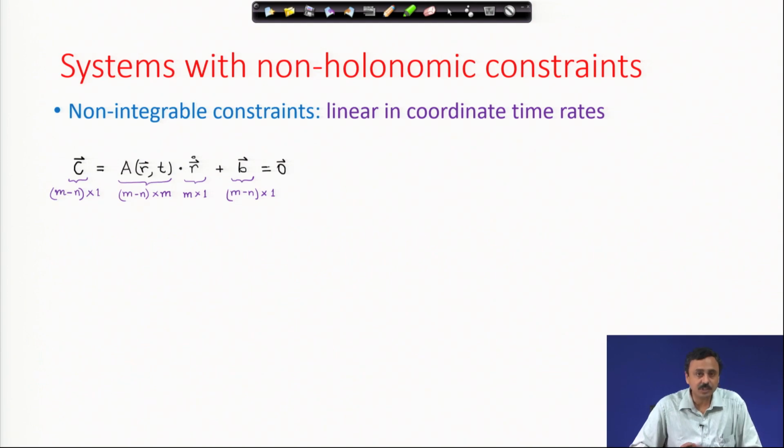Now, here is a general example, the constraint vector C. So, I have considered m minus n non-holonomic constraints. We have therefore a vector of these non-holonomic constraints. Of course, you can have a mixture of holonomic and non-holonomic, but I am considering only non-holonomic constraints, m minus n of them.